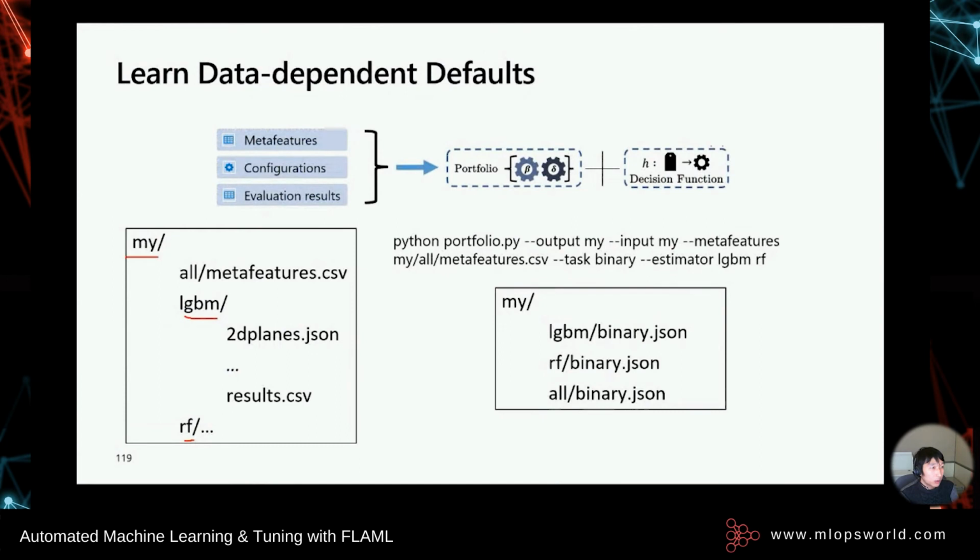In a few seconds, it will produce the following files as output: my/lgbm/binary.json containing the learned defaults for LGBM, rf/binary.json for the learned defaults for RF, and all/binary.json containing the learned defaults for LGBM and RF together. These JSON files contain both the portfolios and the decision functions. To update the learned defaults when more experiences are available, simply update your input files and rerun the learning command.